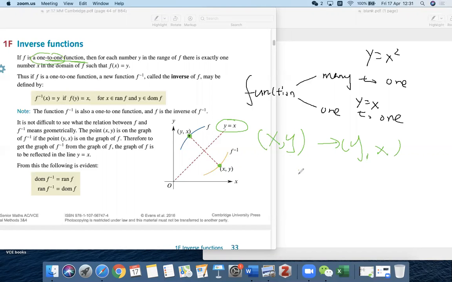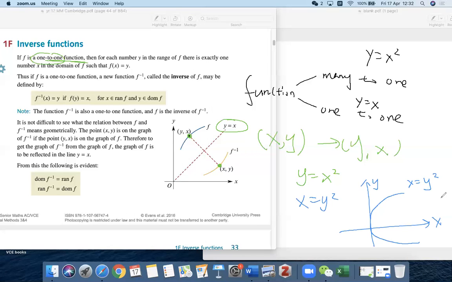So for example, take y equals x squared, and we switch things, so we get x equals y squared. What's the graph for x equals y squared? It becomes like this. For this one, it's no longer a function under the previous definition.